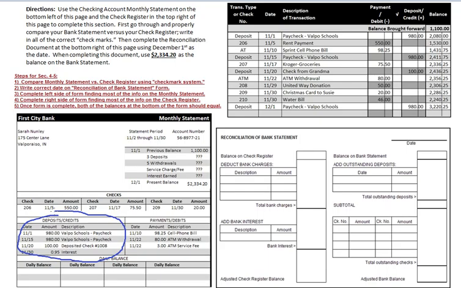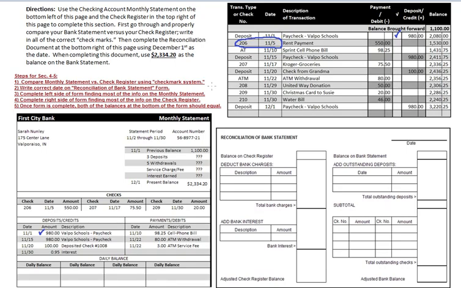Sometimes it might be November 1st. Sometimes it might not get processed by the bank till November 2nd. And if we're looking over here, we see that right here is that deposit. That's awesome. So what I'm going to do is I'm going to put a little check mark right here, and then I'm going to put one right here. Boom. That's it.